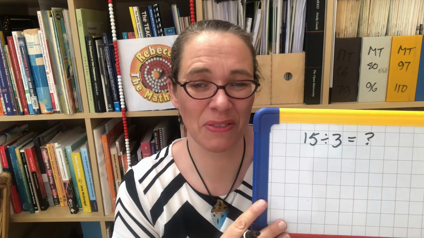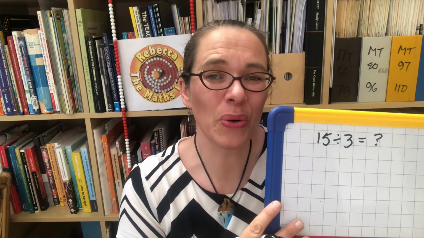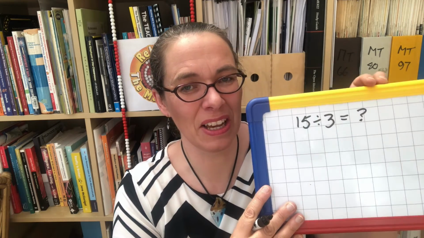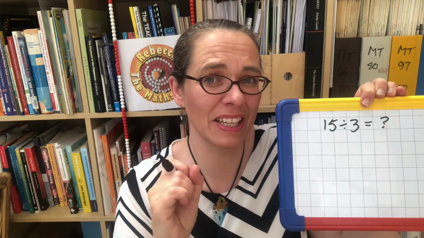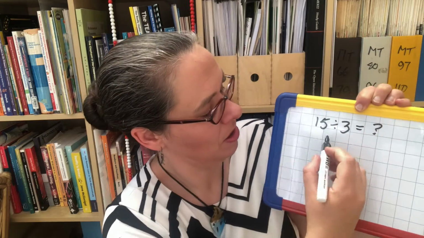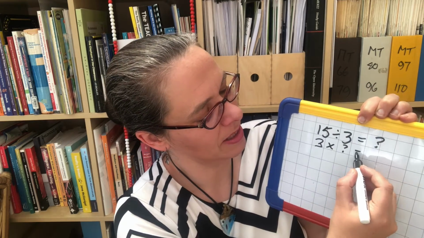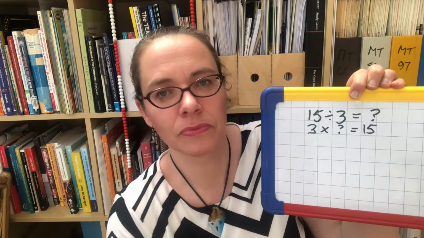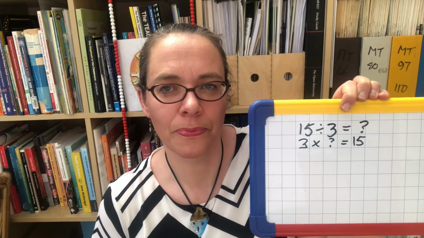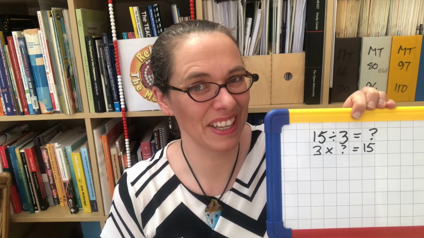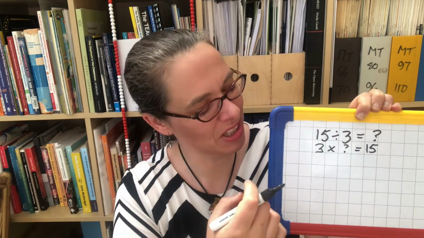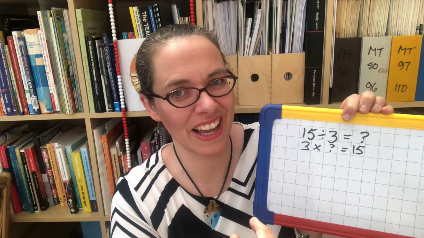If we come back to our original question, which was 15 divided by 3, we can also think of it as being a question about finding the missing number in a multiplication. 3 times what is 15? Now, in our videos on multiplication, I showed you the benefits of organising multiplications as rectangles of squares.